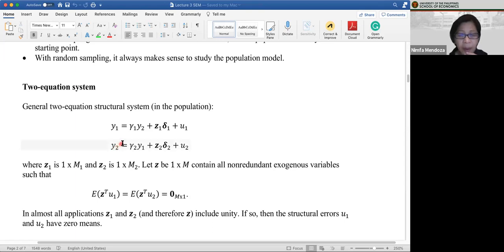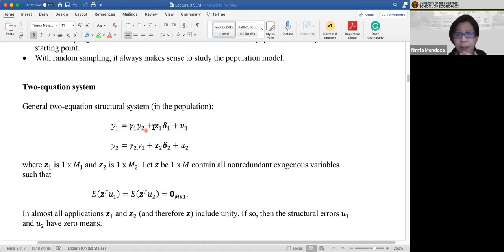But then here also you would see that y sub 1 is affected not only by u sub 1, but also by u sub 2 because y sub 2 affects y sub 1. So if you substitute y sub 2 in this expression, you would get u sub 2 affecting y sub 1 also. So in the same manner, u sub 1 would be also affecting y sub 2.